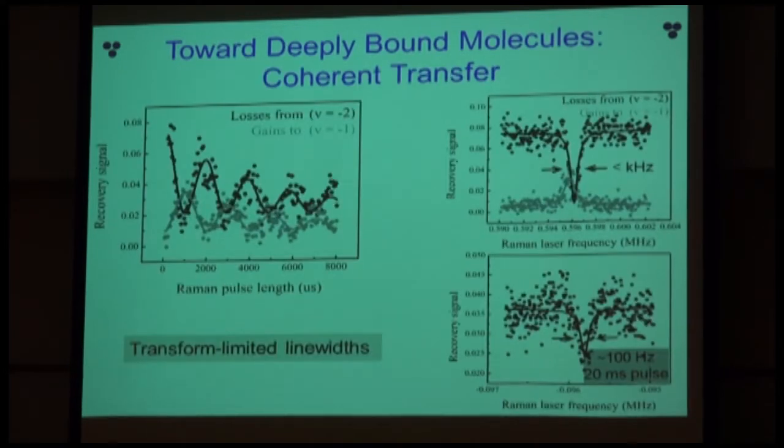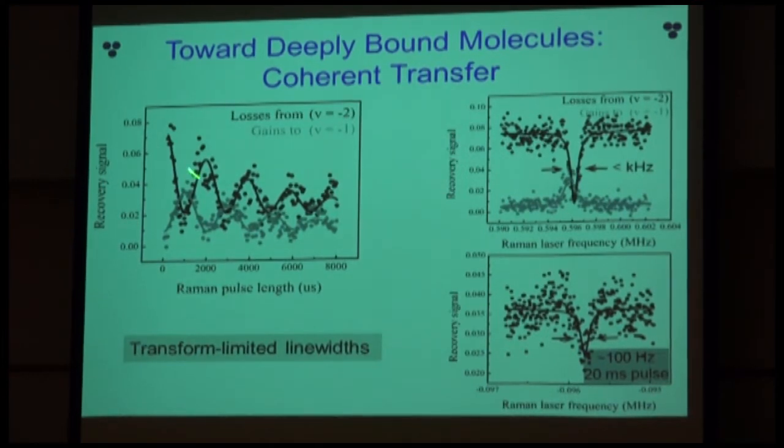In fact, we have some experimental data that says, OK, we can do coherent transfer from the vibrational level in which they're produced to other vibrational levels. We can apply pi pulses and see Rabi oscillations. So it's a coherent transfer.